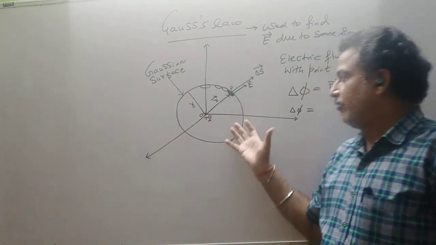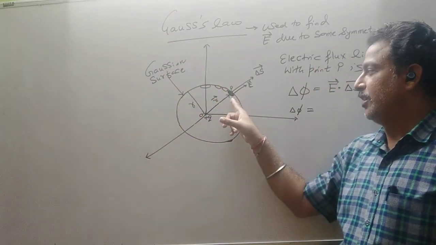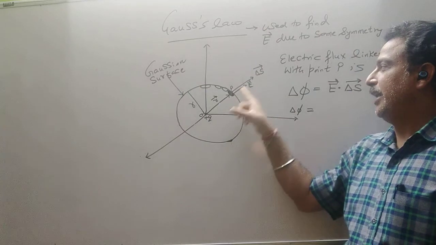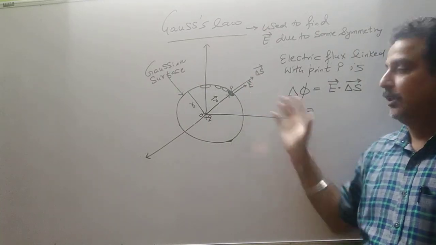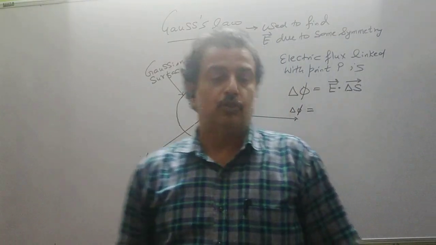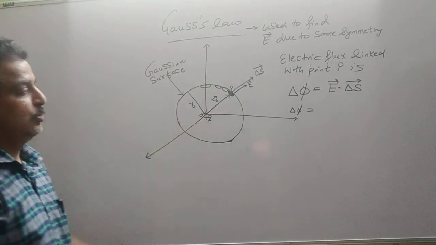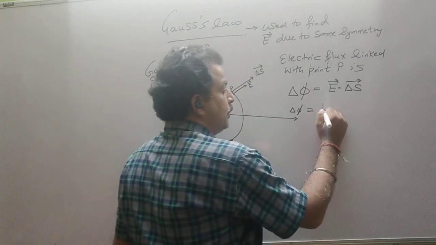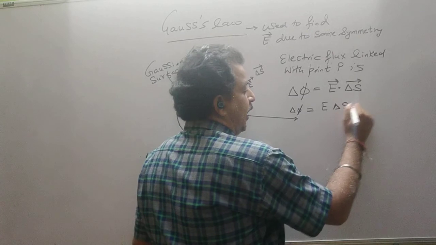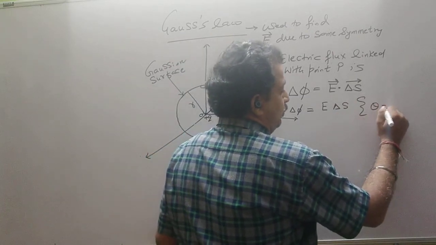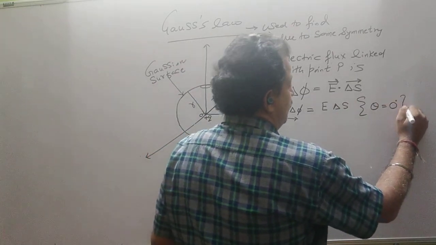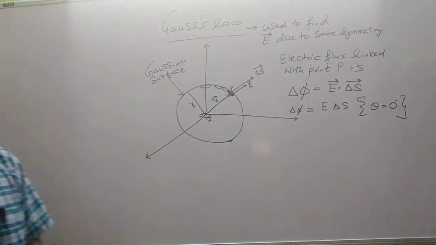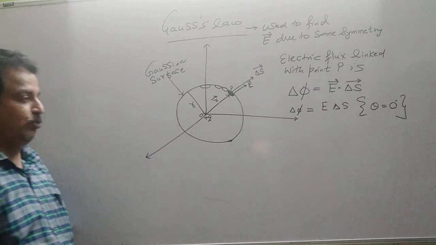Divide the Gaussian surface into small elements. One of these elements has the area vector delta S vector. The fields are radially outward, so the direction is the same. So delta phi will be equal to E delta S cos theta, where theta is 0 degrees, and cos 0 is 1.